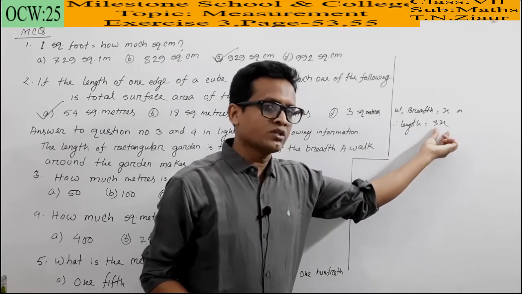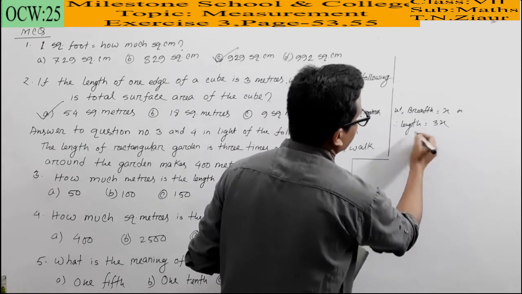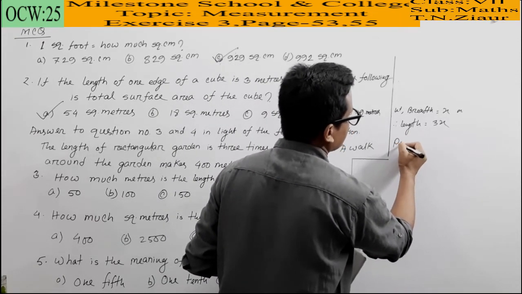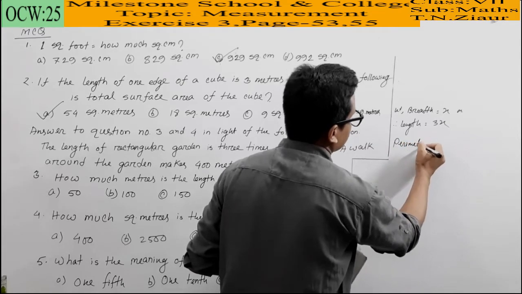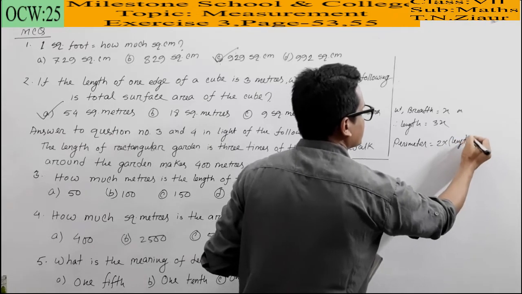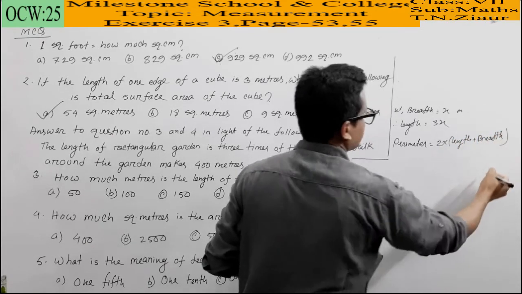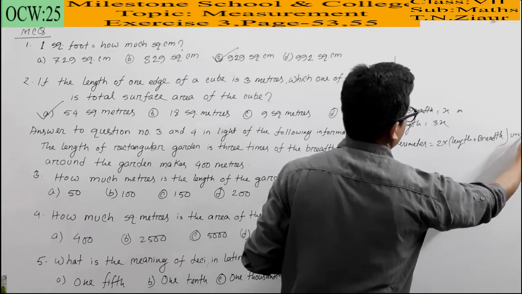So you know the perimeter of a rectangular garden, rectangular plot or rectangular area is equal to 2 into length plus breadth, right? We have to write the unit.